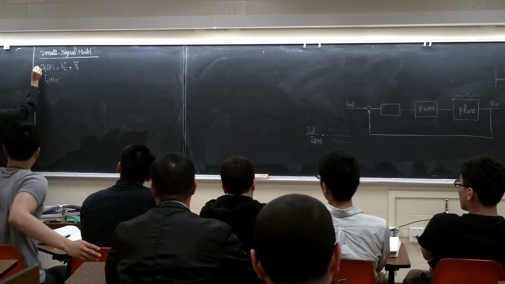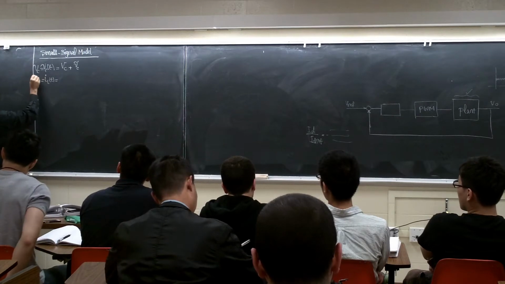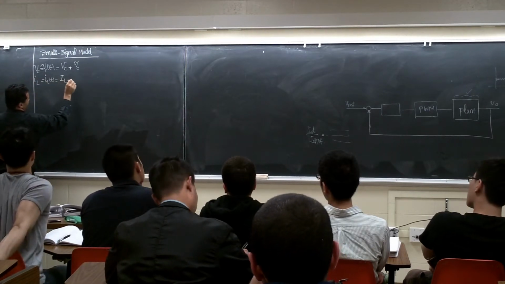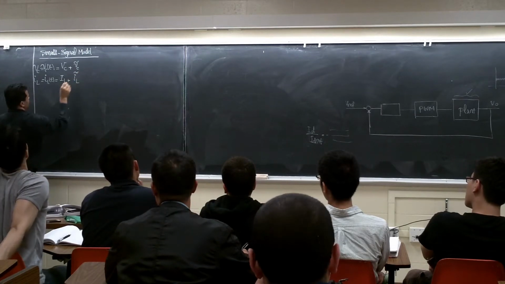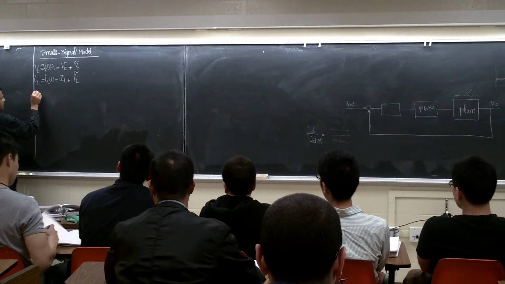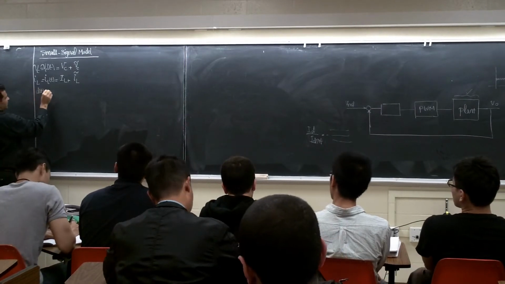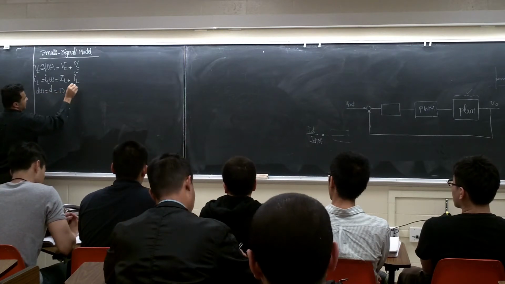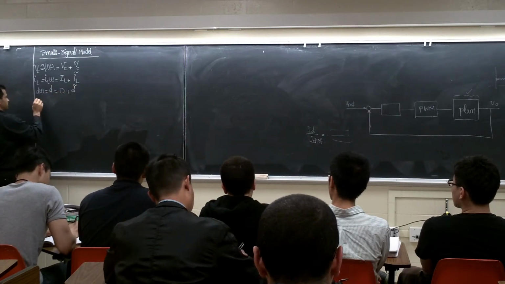So I show this one with VC, this one with IL. Later you see, it's going to be IL plus IL tilde. Then DT, which I show with D. This is the duty cycle. It's going to be D plus D tilde, and you have one more, V in.